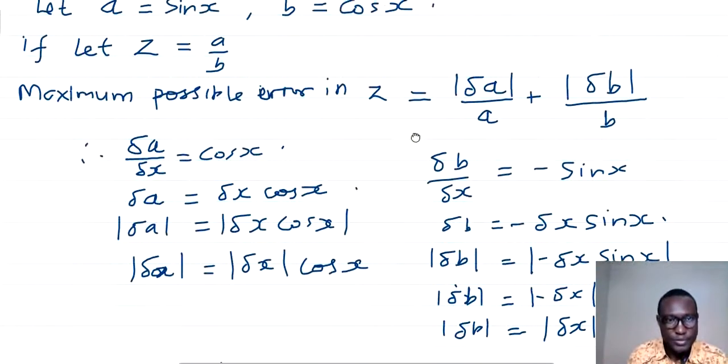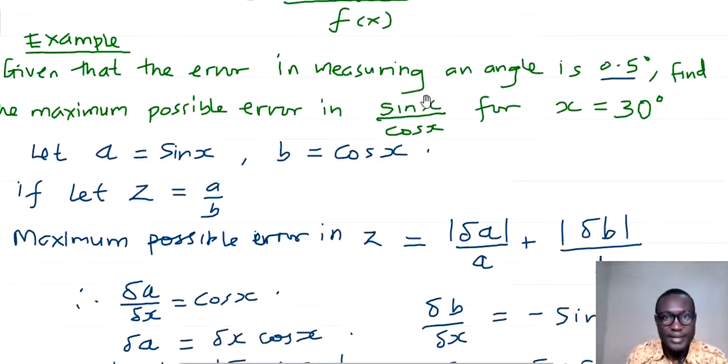So they also gave us that the error, which is delta x, in measuring the angle is 0.5 degrees, and the angle itself, which is x, is 30 degrees. 30 degrees is a big angle, and therefore our calculator is not going to be in radians, like the way we saw when we were dealing with the Newton-Raphson method and those other methods of finding the root.